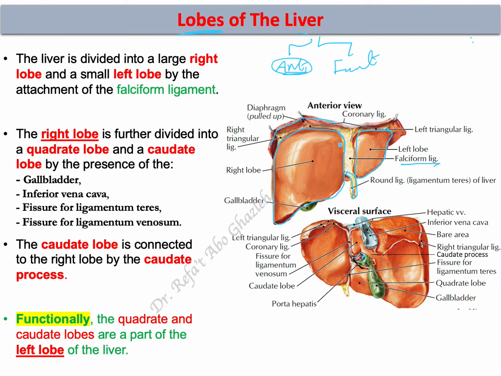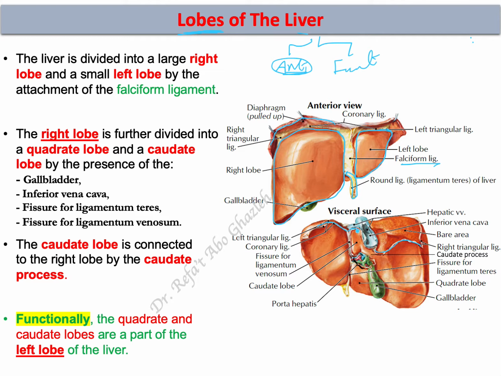Okay, now let us shift to the posterior inferior surface of the liver. So here we are looking at the visceral surface, or posterior inferior surface, of the liver. If you look here, you will see there is a reflection of the peritoneum, right here and there.